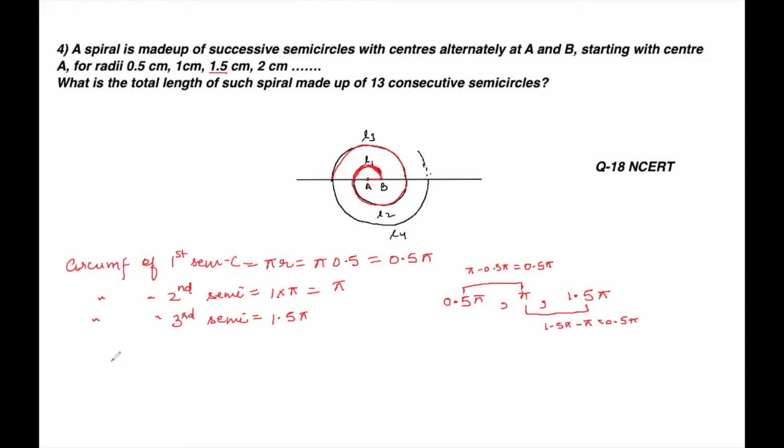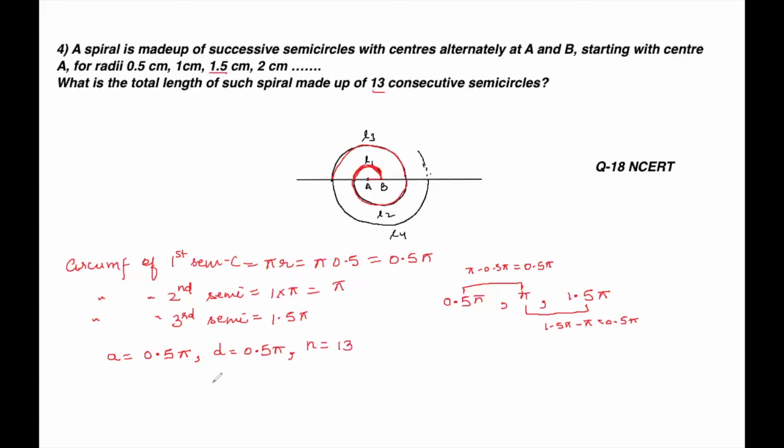Okay. Now here we have a, the first term. What is the first term? That is the circumference of the first semicircle, that is equal to 0.5 pi. What is the common difference? We have the common difference as 0.5 pi. Okay, and what is the number of terms? It is 13 consecutive semicircles, so the number of terms would be 13.